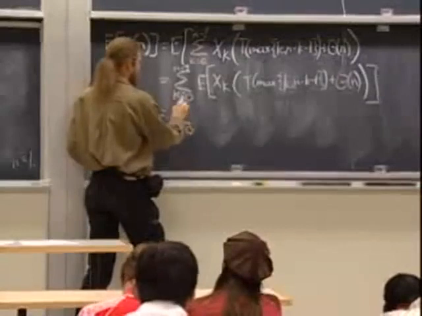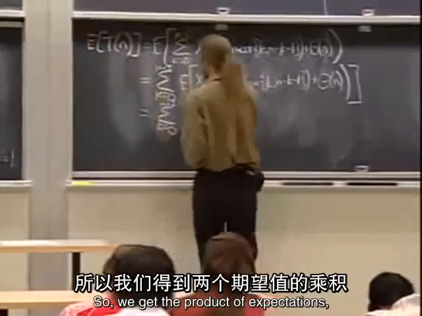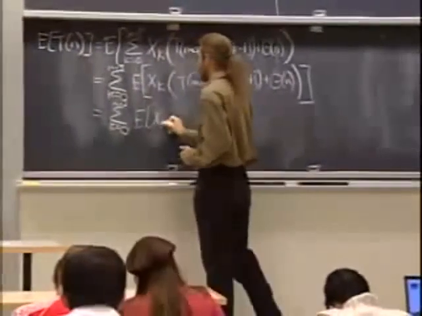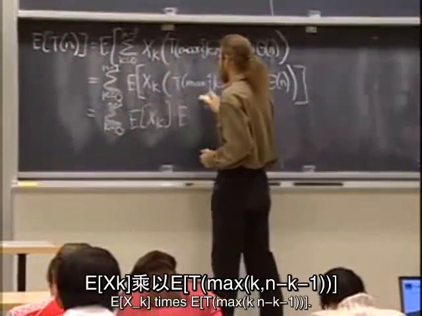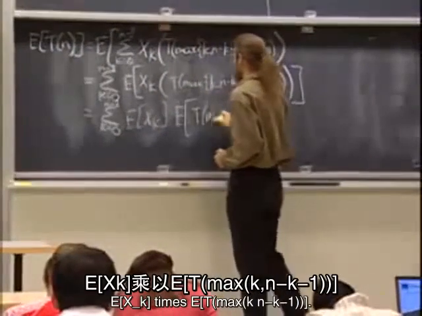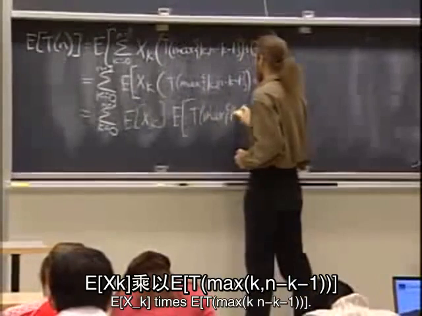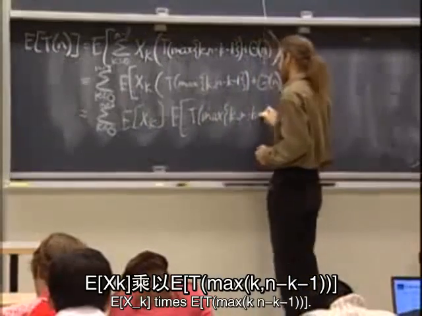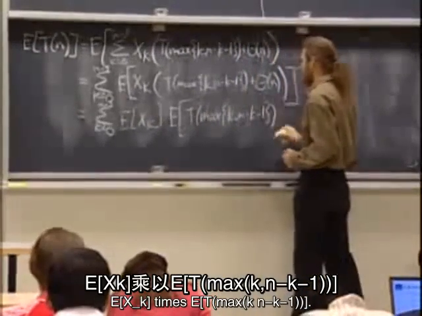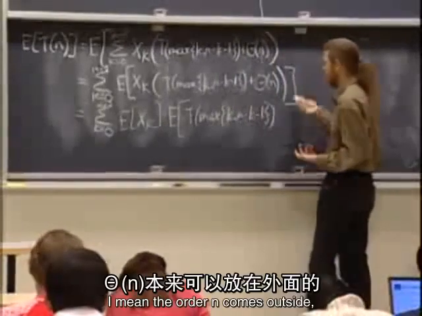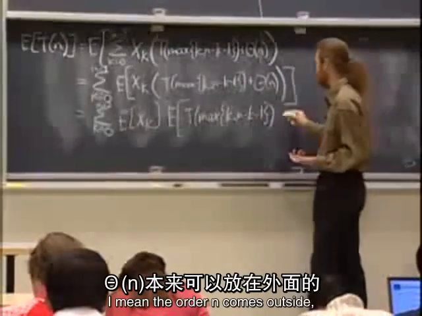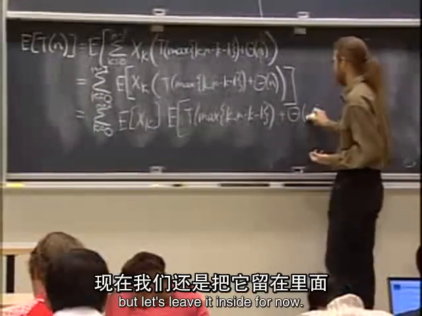So we get the product of expectations, E of X_k times E of T of max k, n minus k minus 1. I mean, the order n comes outside, but let's leave it inside for now.